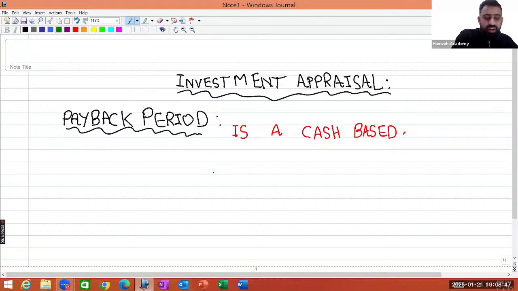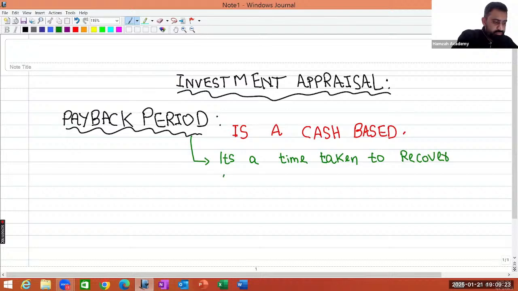And if we define the payback period, if we define this method, payback period, it's a time taken to recover initial investment.